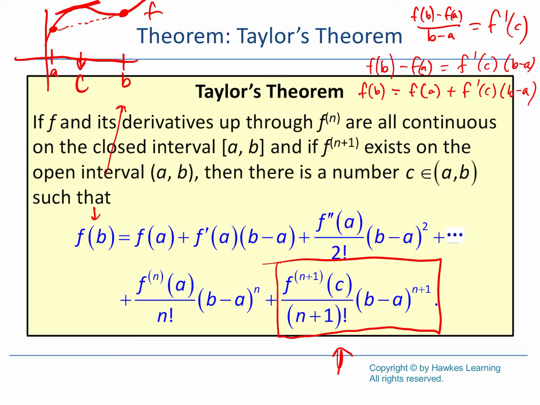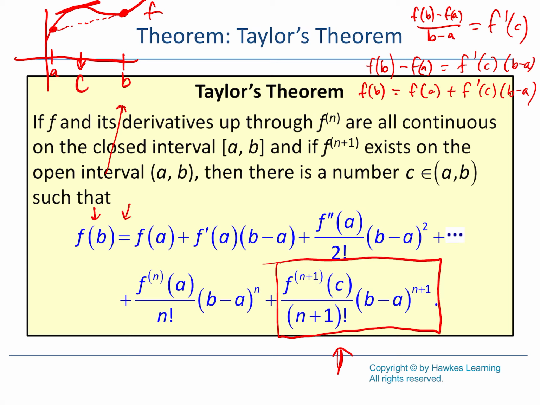And it should remind you of linearization. It should remind you of the fact that we were able to approximate what's going on here with a line. So that's Taylor's theorem. The important thing to notice is that we do have equality here.